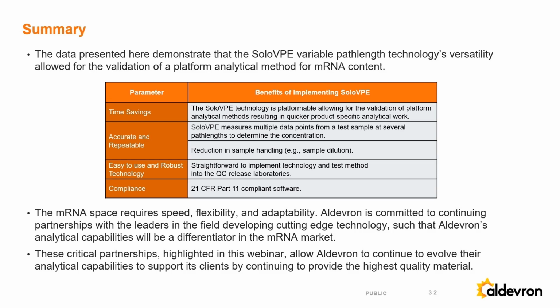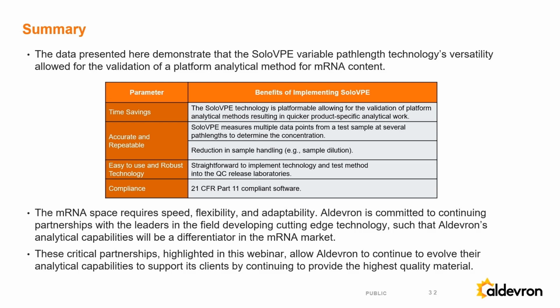The easy to use and robust technology aspect of SoloVPE is instrumental, really. If you have complicated methods, you can develop and validate complicated methods with very difficult to understand analysis. It doesn't always transition and translate well into the QC release lab.